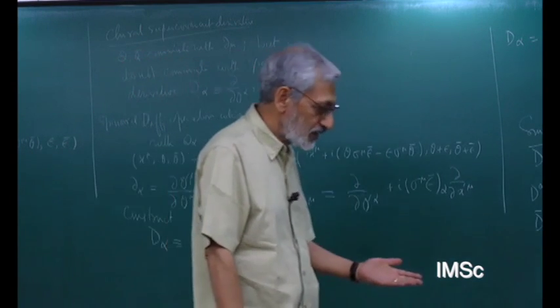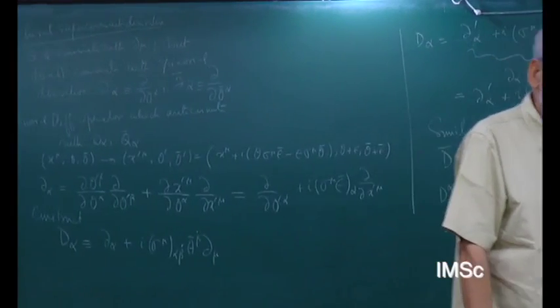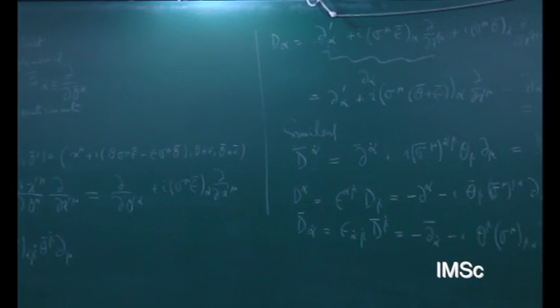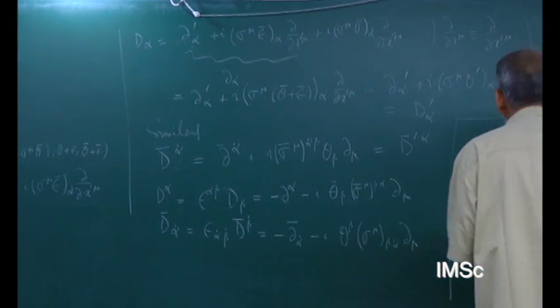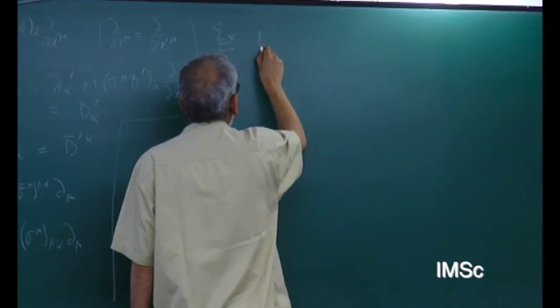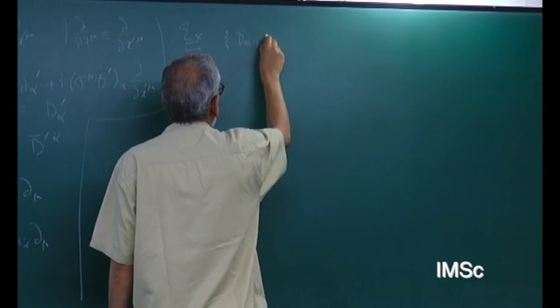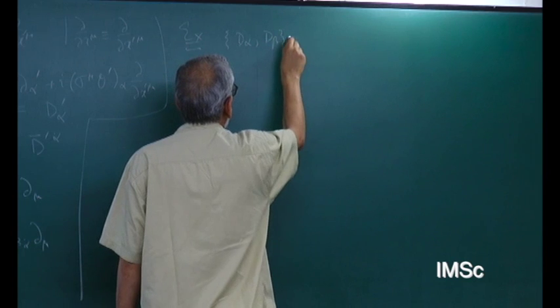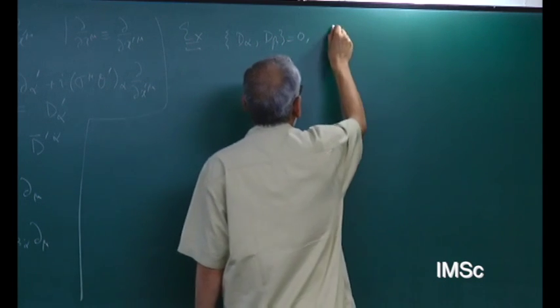We could ask the question, do they satisfy any algebra? And I think, is there an exercise? Yes. Exercise. That anti-commutator of d alpha with d beta is 0.